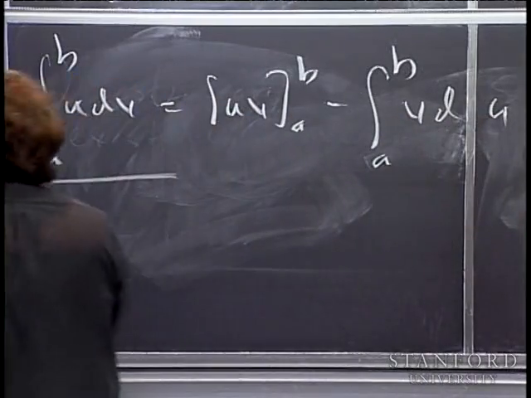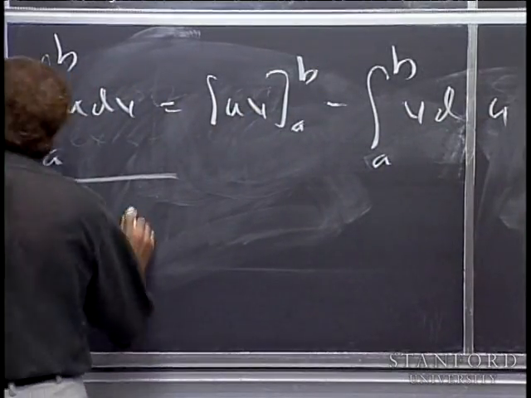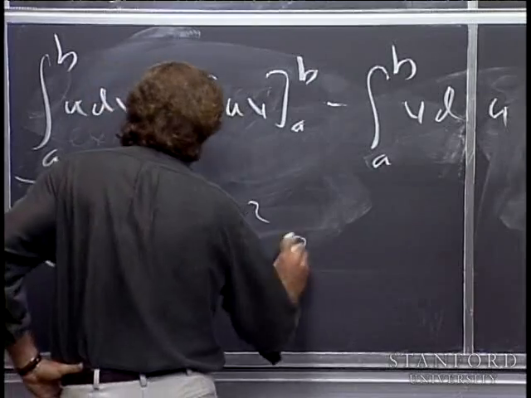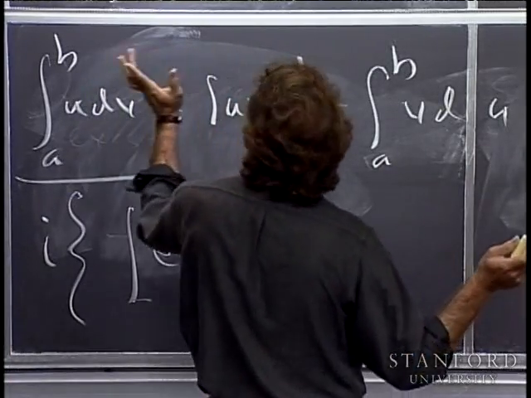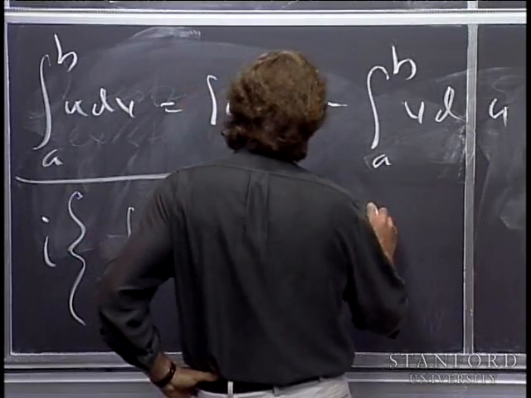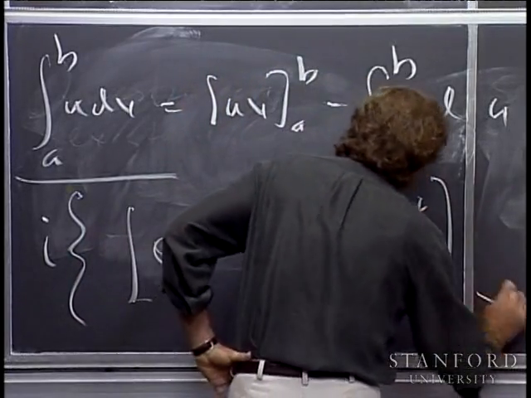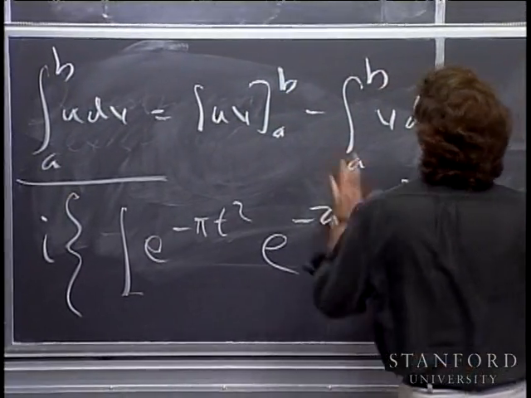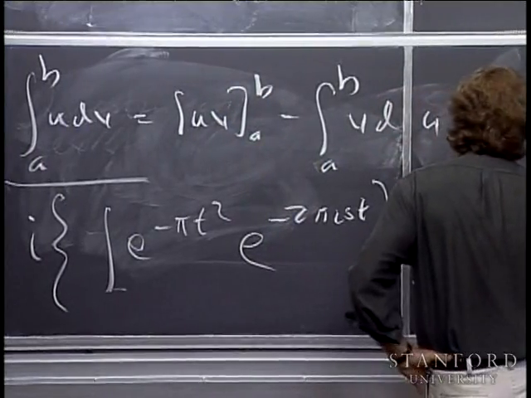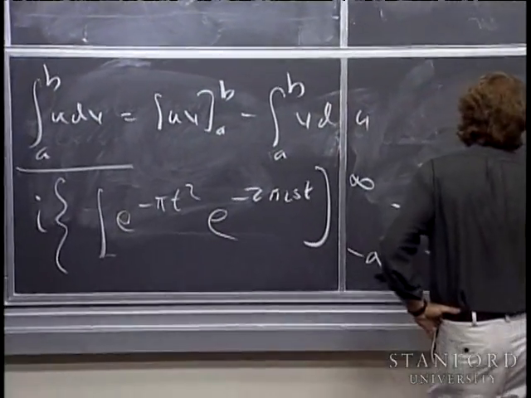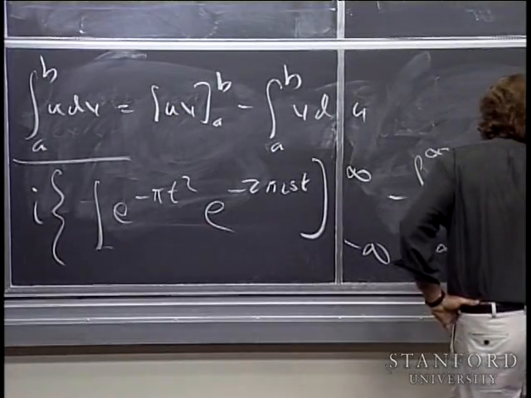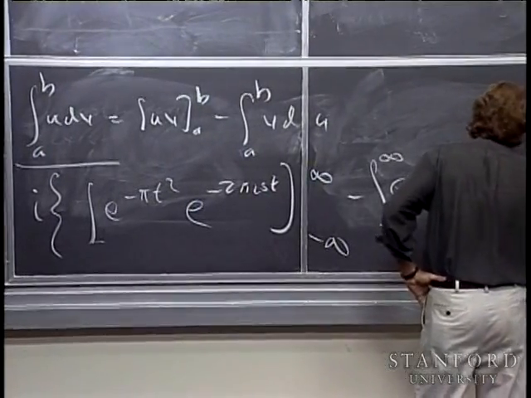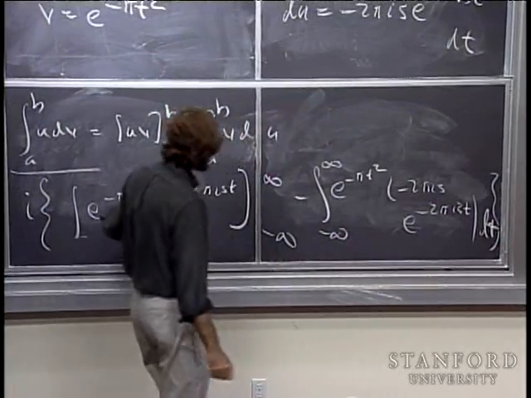So it's an i times u times v, which is e to the minus pi t squared times e to the minus 2 pi i st, evaluated between minus infinity and infinity, minus the integral from minus infinity to infinity of v du. v is e to the minus pi t squared, du is minus 2 pi i s e to the minus 2 pi i st dt. Close braces here because there's an i in front of the whole thing.